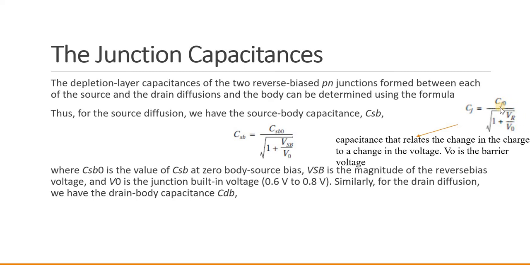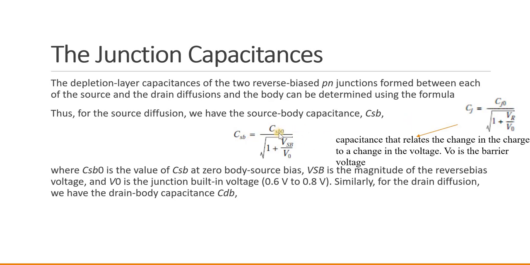Cj is the capacitance that relates the change in the charge Q to a change in the voltage. Similarly, the equation for the source body capacitance is written here, where J is replaced by SB.